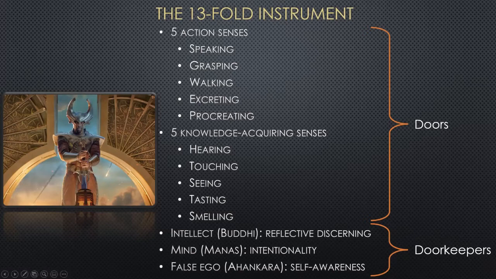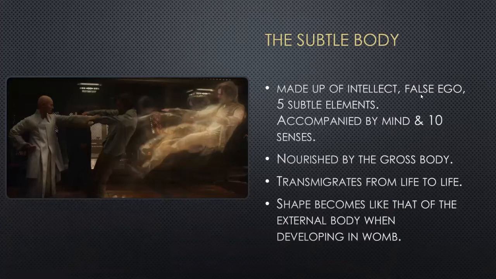Now, what is the subtle body made of? What is our subtle body made of? It is made up of the intellect, the false ego, and the five subtle elements, and it is said to be accompanied by the mind and the 10 senses. These subtle elements are the tanmatras that I talked about previously.